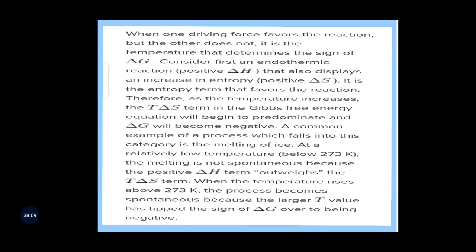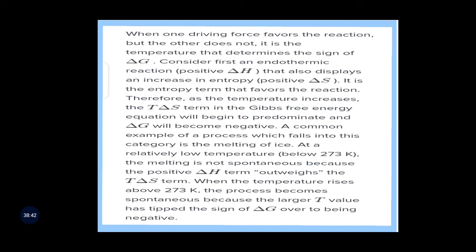Enthalpy will be positive, and there is an increase in entropy, which is also positive. Both of them are positive. Remember from the table, your Gibbs free energy will be negative at high temperature. But if both of them are negative, then you will have negative Gibbs free energy but at low temperature.